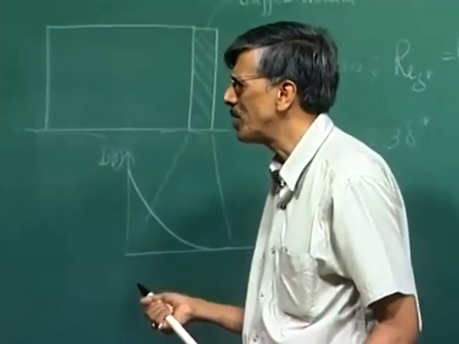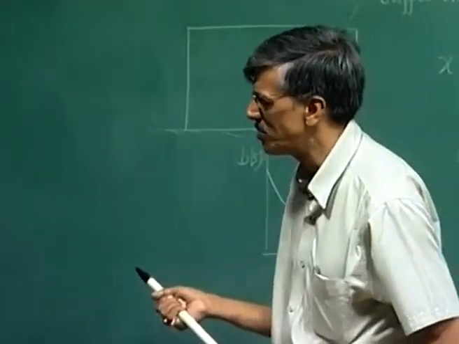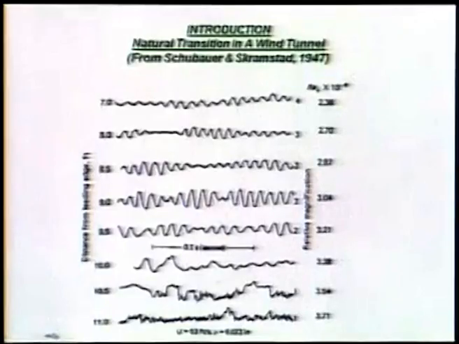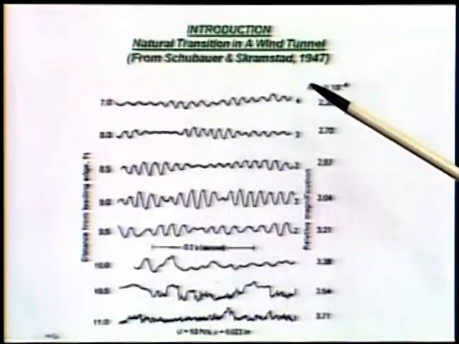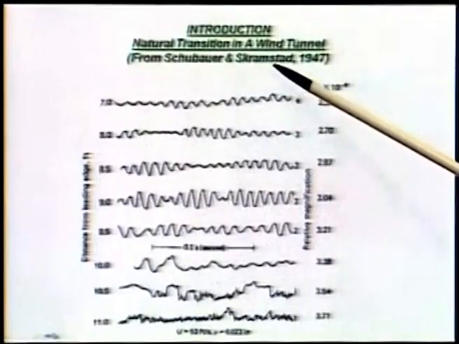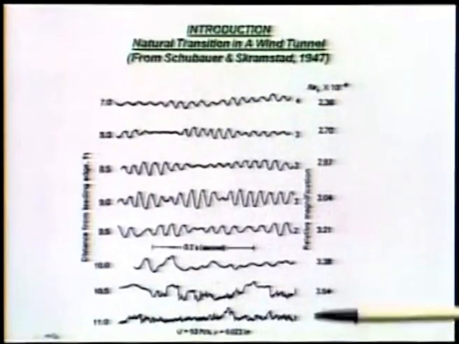This is something that we have seen, that if I go to a wind tunnel and see what is happening inside the tunnel, it is a so called natural transition, and this is the result again I am showing you, taken from that Schubauer-Klebanoff paper.